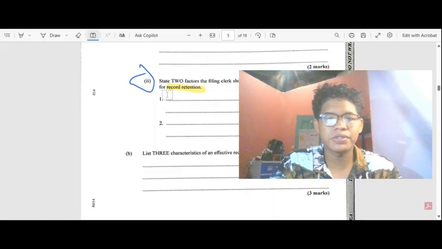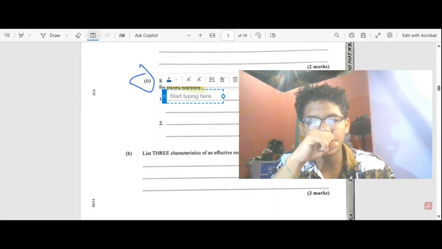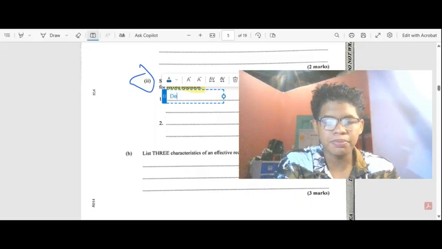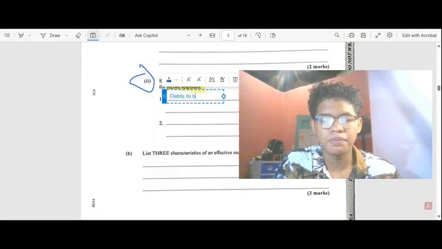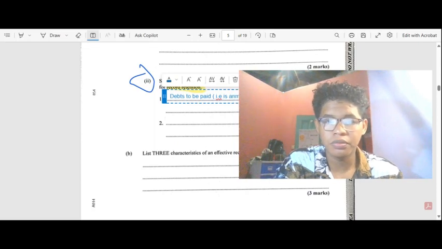First of all, the first thing they should really take into account is debts to be paid, i.e., is anyone owing the business?